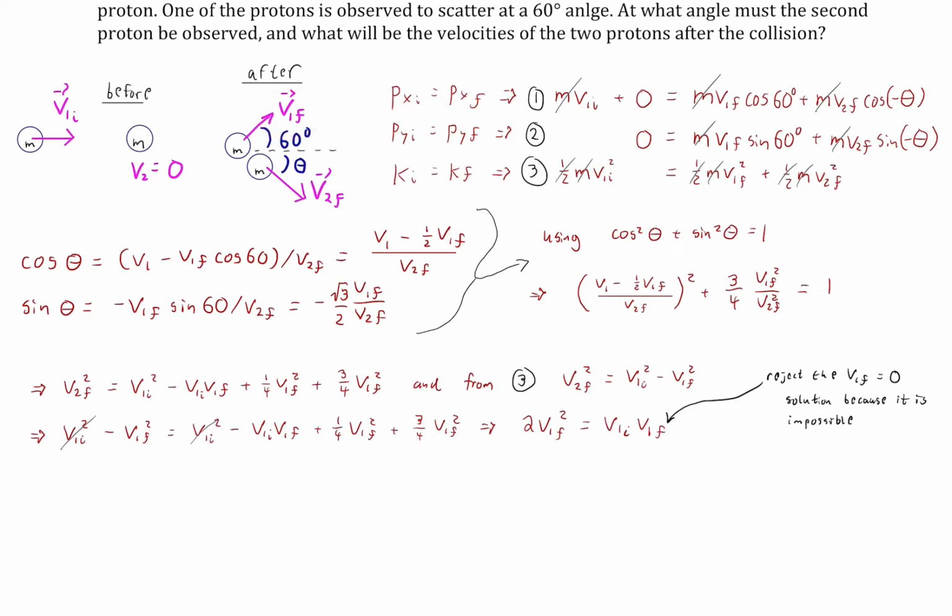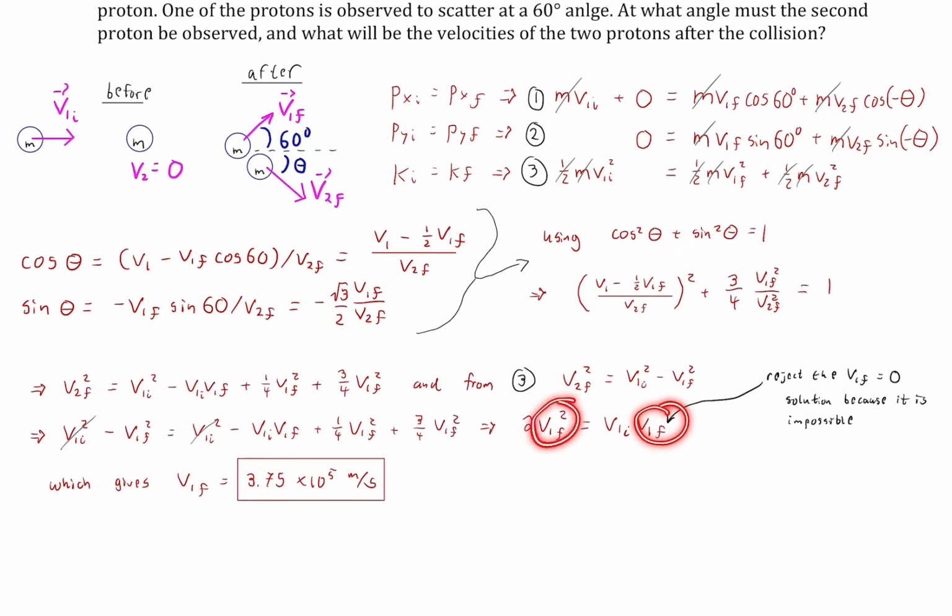And so that particular solution to this expression, because essentially this is like the quadratic formula, in fact it is, right? We always reject one of our solutions, or often reject one of our solutions, not always. Sometimes both solutions from the quadratic formula do make sense. But here, one of the two solutions does not make physical sense. And so then we just solve for the other solution for V1 final.